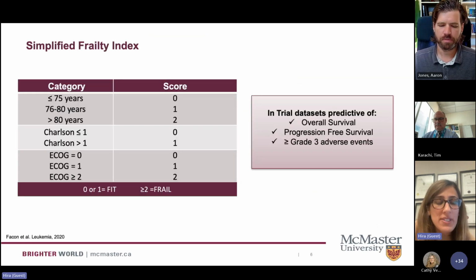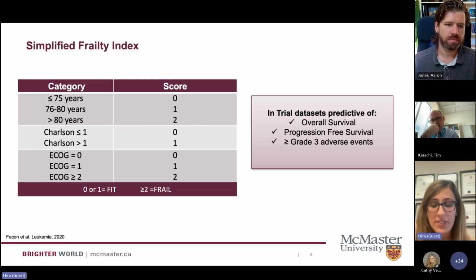One of the other ones I wanted to highlight was, at one point a frailty index was developed for myeloma. It was developed in a clinical trial data set. I saw that come out in a leukemia publication, and I said, you know what, this would be easy for us to validate as the first group globally in our ICES data set, to show whether or not it's predictive in real world population data sets as well. So we took this score and we made some inferences on how to derive ECOG status out of ICES.